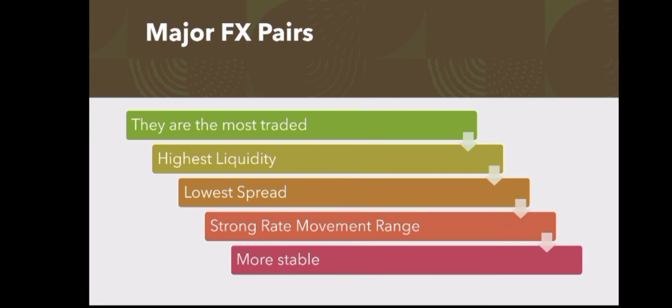They have a very wide rate movement range in the market, and they are also more stable and predictable because they are less prone to sudden crazy political or economical changes. Most of these pairs are from already developed countries, and I'm talking of countries with the very best of economic situations worldwide. And so even in times of crisis, they are sure to stand to a reasonable extent.